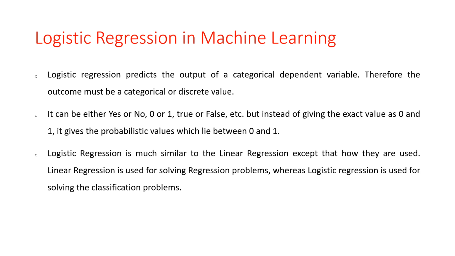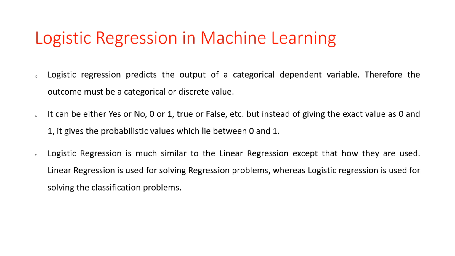Therefore, the outcome must be categorical or discrete values. So it can be either yes or no, 0 or 1, true or false, etc. But instead of giving the exact value as 0 and 1, it gives the probabilistic value which lies between 0 and 1.